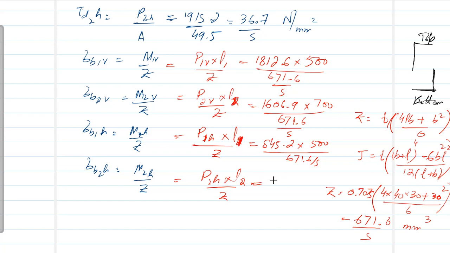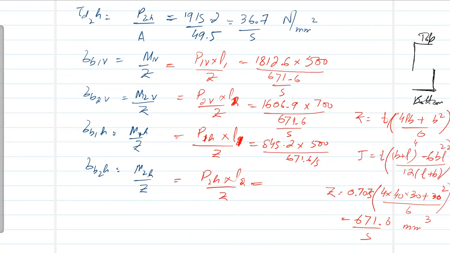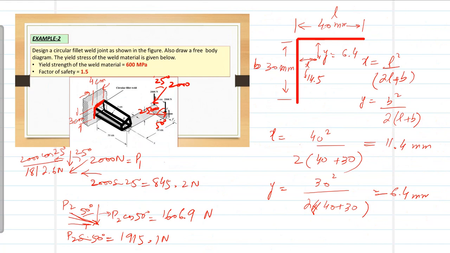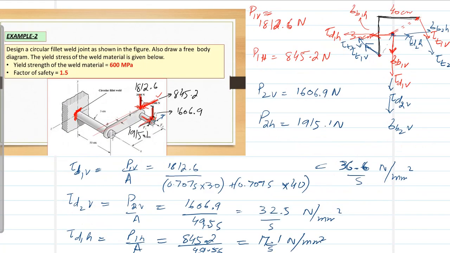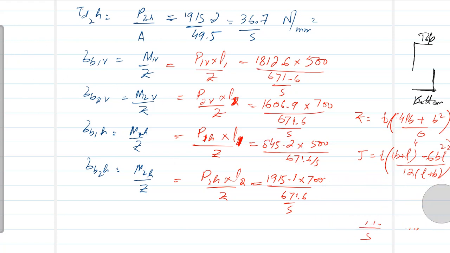And for sigma B2H, it is P2H, which is 1915.1. And now because of this load, we have an additional 20 mm bending arm, which is 700, divided by 671.6 divided by S. I'm just removing these formulas here just to write the answers.